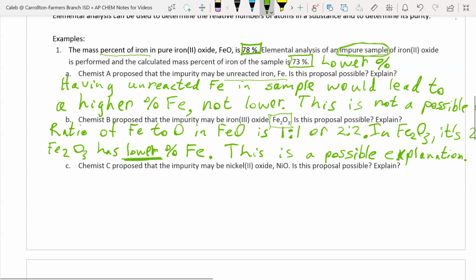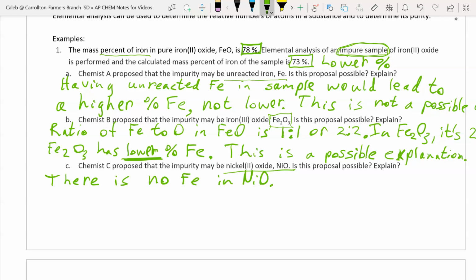All right, chemist C proposes the impurity might be nickel(II) oxide, NiO. Now, is there any iron in that at all? There's not, okay? There's no Fe in NiO. But NiO would increase the amount of oxygen.